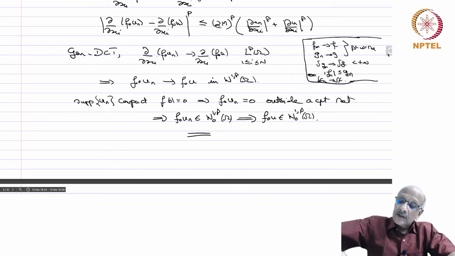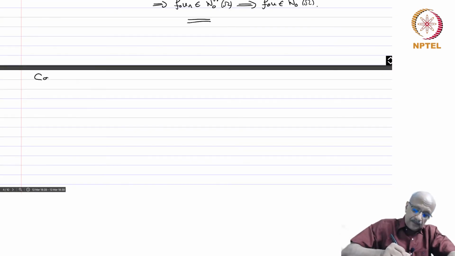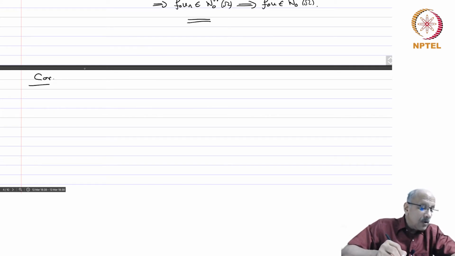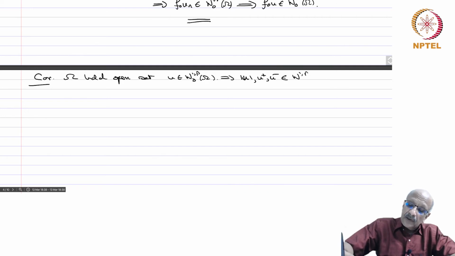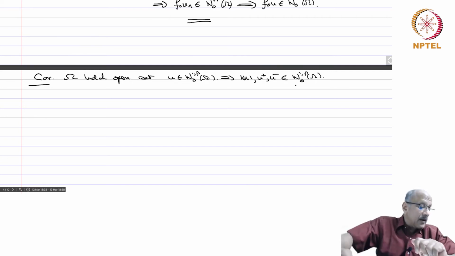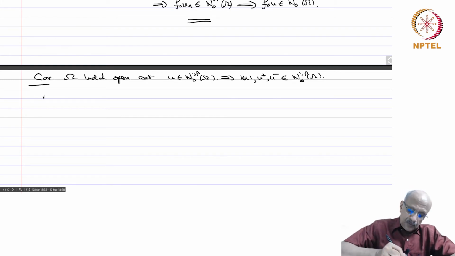So, a nice corollary of this theorem. Corollary: Ω bounded open set, and you have u in W^{1,p}_0(Ω), then you have that |u|, u^+, u^- belong to W^{1,p}_0(Ω). Proof: you take f(t) = |t|, it satisfies all the conditions of the previous theorem.